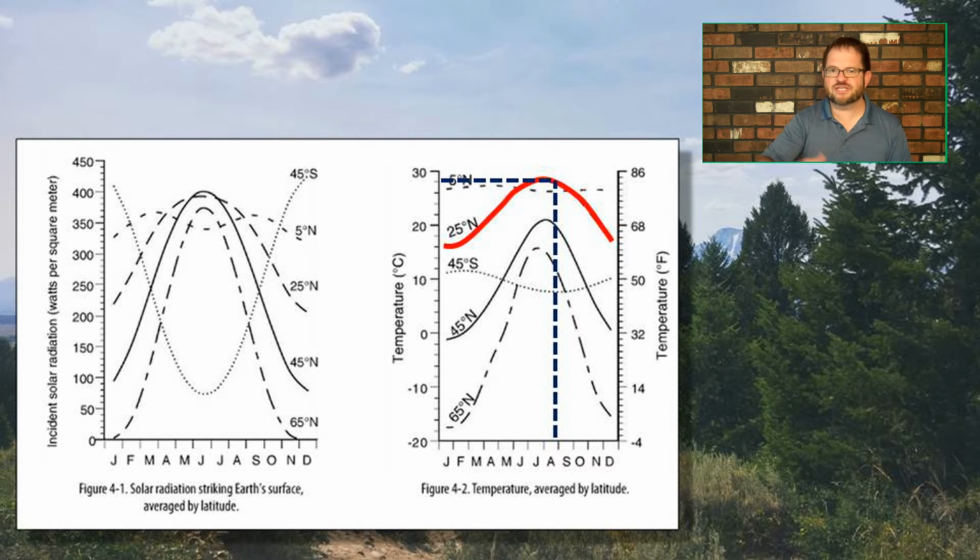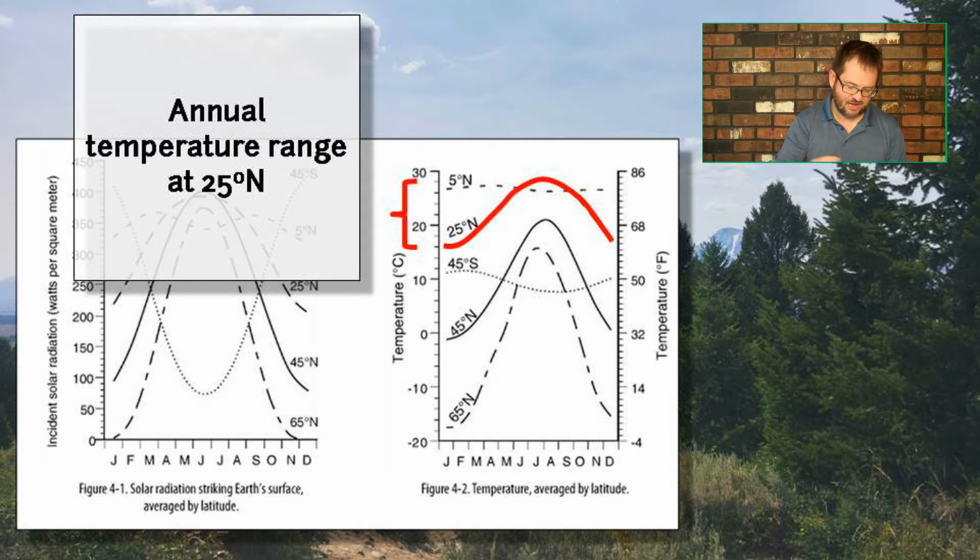Once you understand the format of this diagram, you can see there are different latitudes that we can work with, with different temperature ranges. Let me highlight that. One piece of information you can fairly easily pick off of this diagram is the annual temperature range at each latitude. For example, at 25 degrees north, the range of temperatures is from about 18 degrees Celsius to about 29 or 30 degrees Celsius.